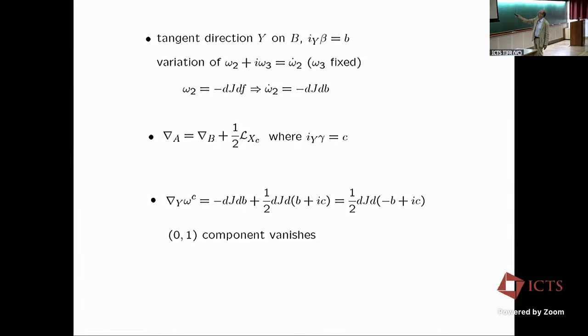You have two parts of it. You have the standard part from omega 2 dot, and then you have this part because we're using the non-flat connection. And anyway, you find that the 0,1 component of this vanishes, which means that this is holomorphic, if you like, in terms of d bar A.